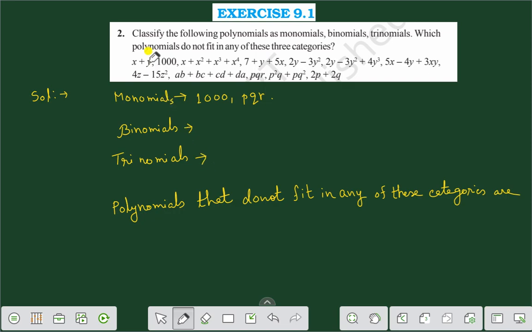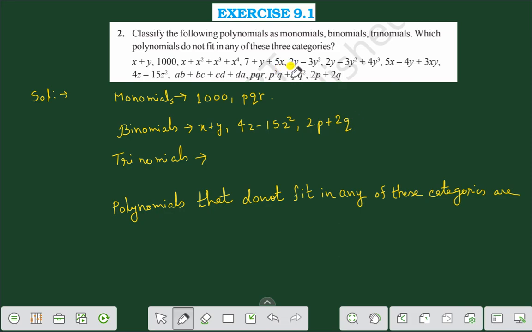We find the binomial x plus y, one binomial, and find another binomial. For z, that is this one, 4z minus 15z square is another binomial. 2p plus 2q, another binomial.